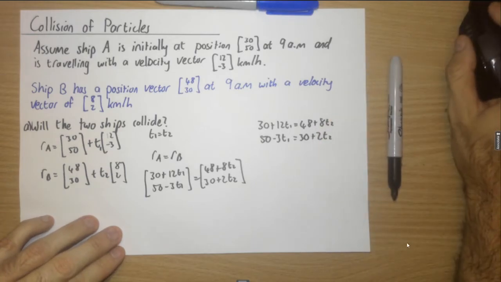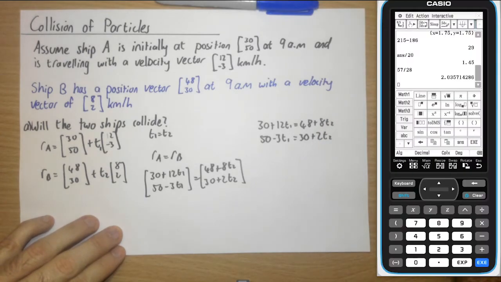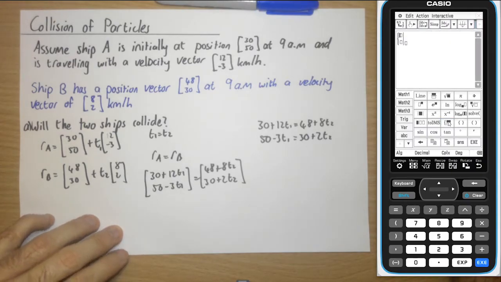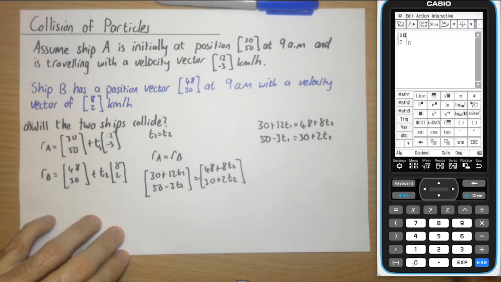And what I'm going to do is just set that up in our ClassPad quickly. Again, we'll set up as a simultaneous equation. I'm going to call my t1 x and my t2 y. So 30 plus 12x equals 48 plus 8y, and 50 take away 3x equals 30 plus 2y, and we're solving it for x and y.